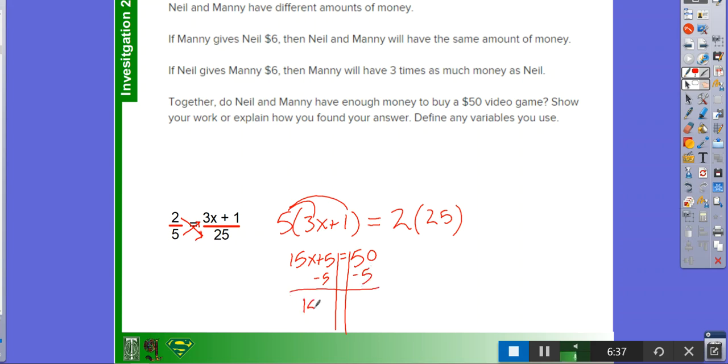And we get 5x is equal to 45. Oh, I'm sorry. Thank you. And then what are we going to do to both sides to get the x by itself? And we get x is equal to 3. So cross multiplication really is the quickest and easiest way to solve these.